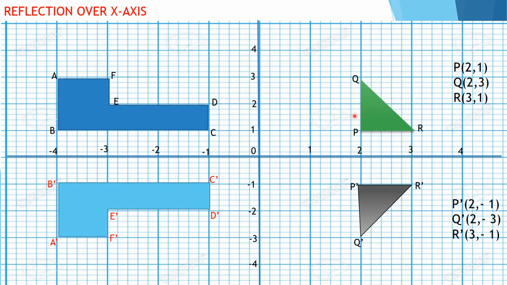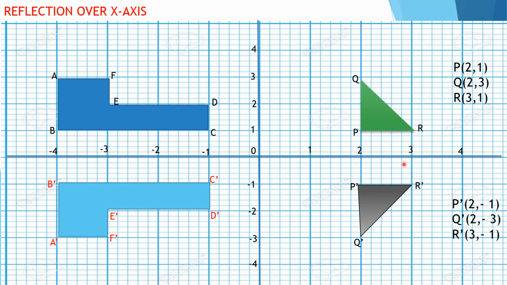What we do on this reflection is negate the y's. We just take the negative of the y's, that's all. Multiplying this by -1, -1, -1, and you have your reflection over the x-axis.